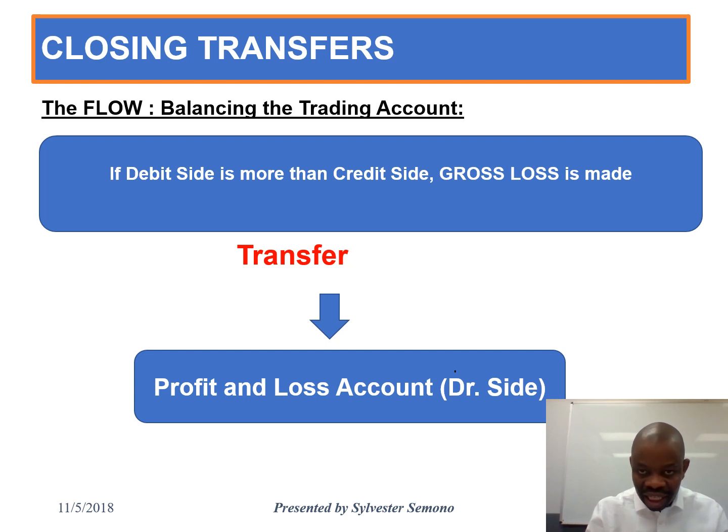Like in this case, where we made a loss, as you can see, we still have to transfer to the profit and loss, but under the debit side. But why under the debit side? Is because under the profit and loss, on the debit side is where we put what? Expenses. And gross loss is an expense to the business. So it must be part of what? Other expenses. I hope we are following here.